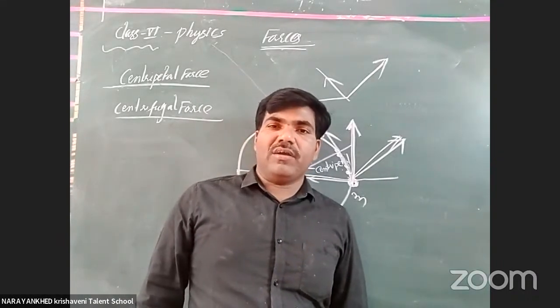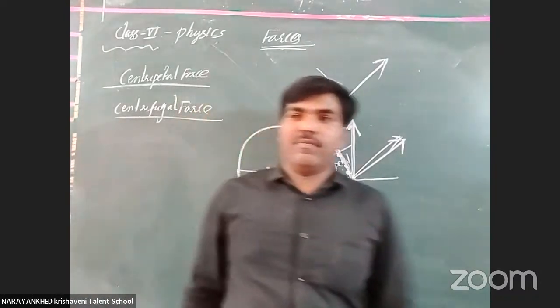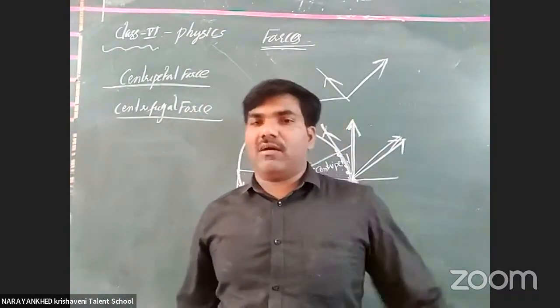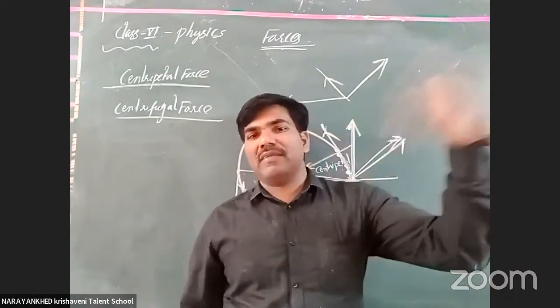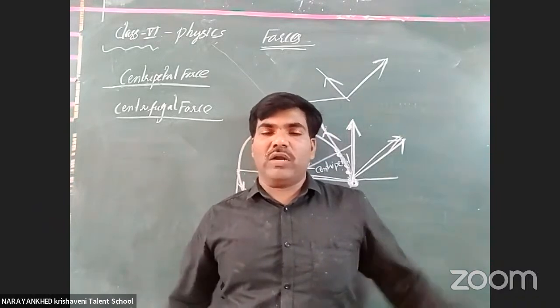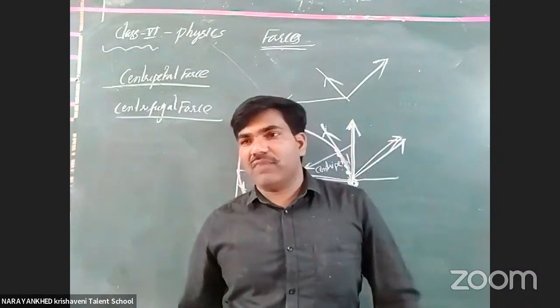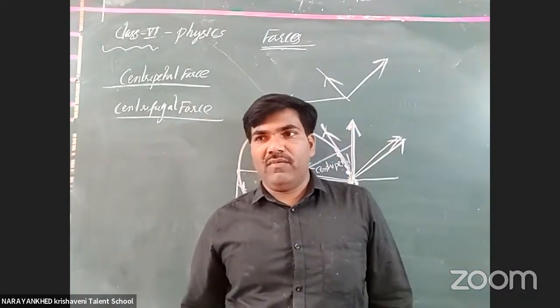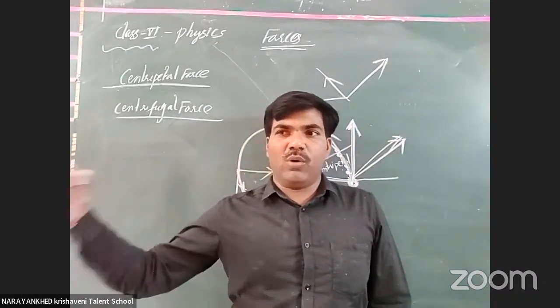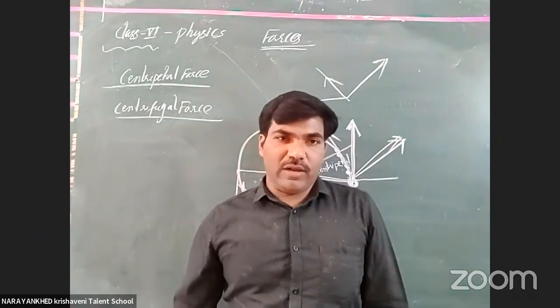In that machine, when it is rotated, heavier things come towards the center and lighter things go away from the center. Whatever heavier things are there come toward the center because of the centripetal force, and the lighter particles go away from the center. That is called the centrifugal force.